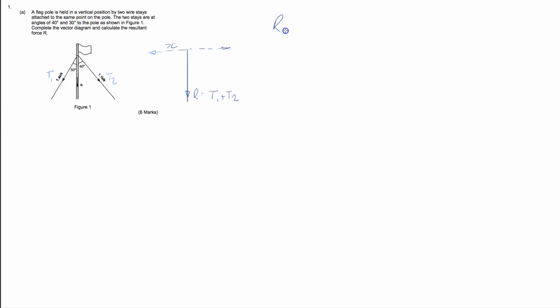So R is equal to T1 cos 30 plus T2 cos 40, which is equal to 1400 cos 30 plus 1100 cos 40.